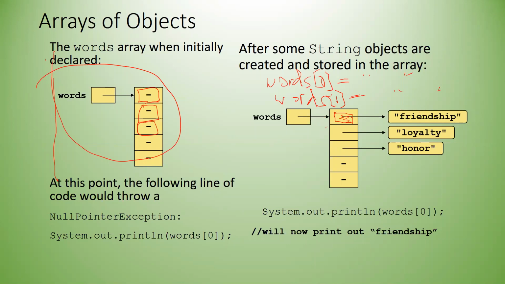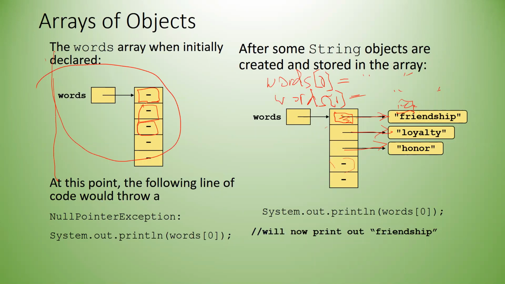The address will be here, and that address is the address of this place. Okay, so it's pointing there. And these two, if you didn't do anything, are still null. It's not pointing to anything.